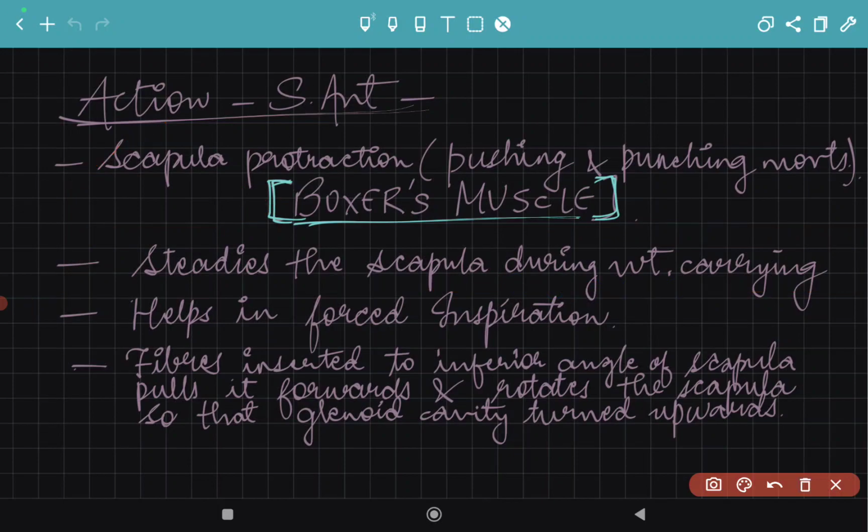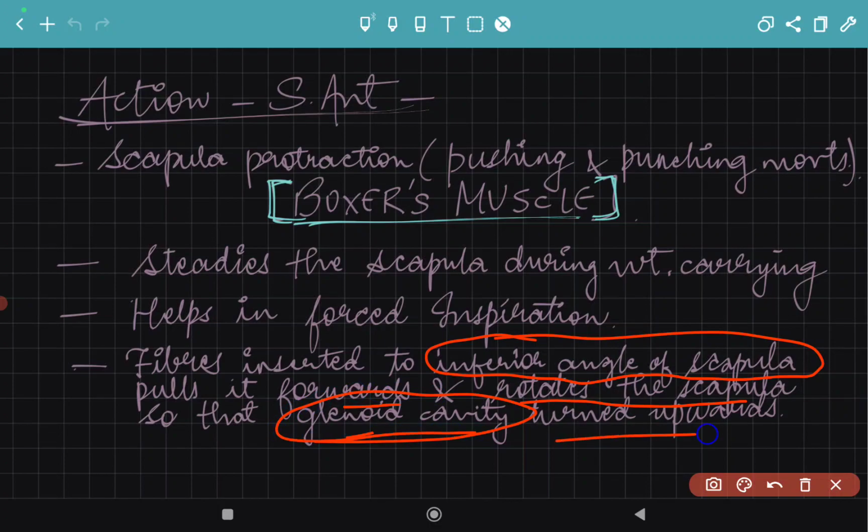And one more thing, the fibers which are inserted to the inferior angle of the scapula, as we saw, the large triangular area over the inferior angle, where the lower 4-5 digitations were inserting. Those will pull the scapula forwards and rotate it in such a way that the glenoid cavity will be turned upwards.